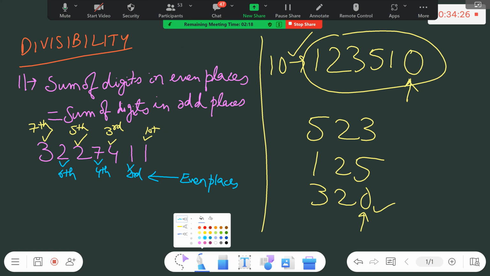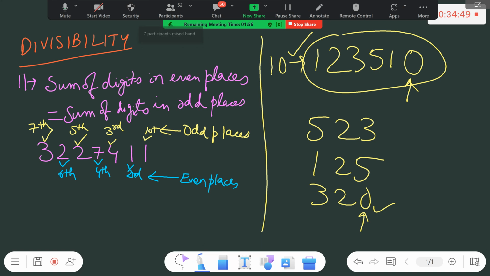Okay. And all these are your odd places, correct? So now, for the number to be divisible by 11, the sum of the digits in odd places should be equal to the sum of the digits in even places, right?